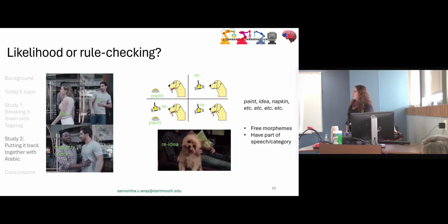Now, here's the problem with all the research that's looked at this so far. Paint, idea, napkin, any of these already have a part of speech and category to check. They're free morphemes, right? They don't need any additional affixation to stand on their own.